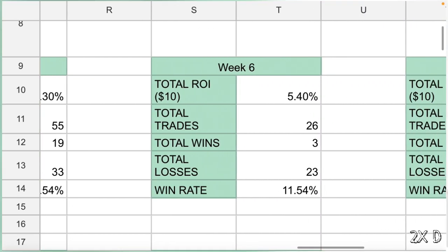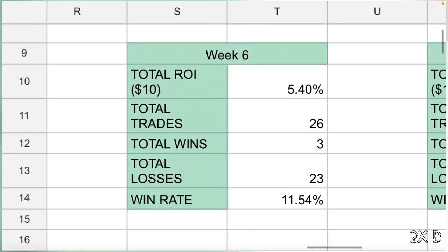Then we carry on to week 6. Week 6, we only had a return of 5%. Total trades being 26, total winners being 3, and total losses being 23. That week's win rate was 11.54%. So that was a break-even week.